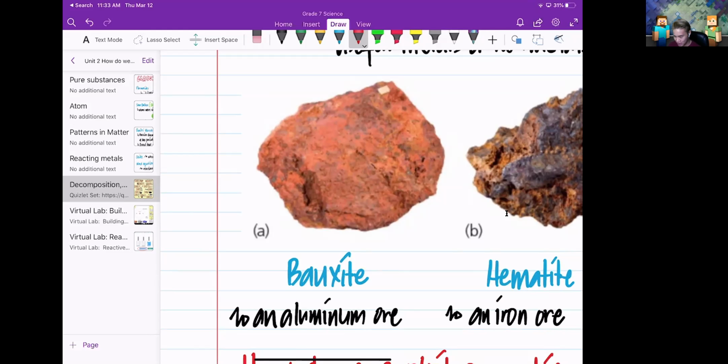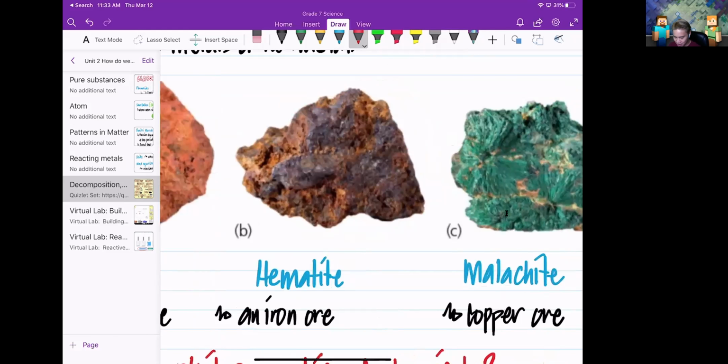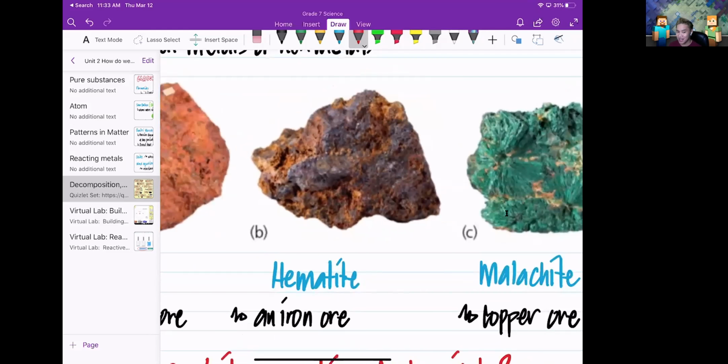So that is your bauxite. Again, this is the aluminum ore. Kindly remember that. Next is your hematite. Hematite is an iron ore. So it means that iron can be extracted from hematite. Hematite is a reddish black mineral consisting of ferric oxide.